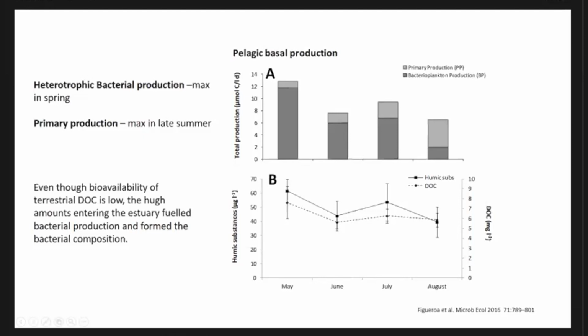And this bacterial production follows rather much the concentration of dissolved organic carbon and humic substances, as you can see here. So even if the bioavailability of the DOC is low, the huge amount that flows through the estuary looks like it's fueling the bacterial production.